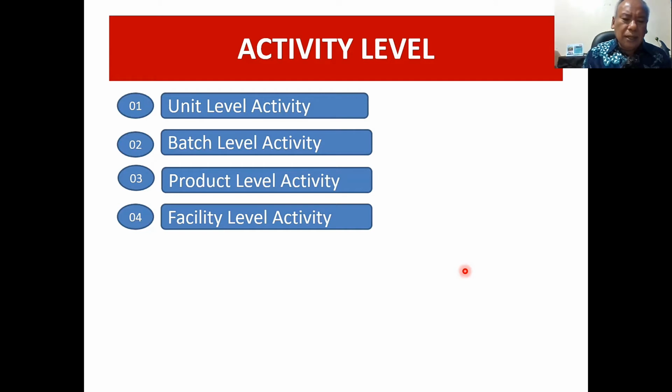But in a manufacturing company, the product redesign is a product level activity. And then the last level is facility level activity.